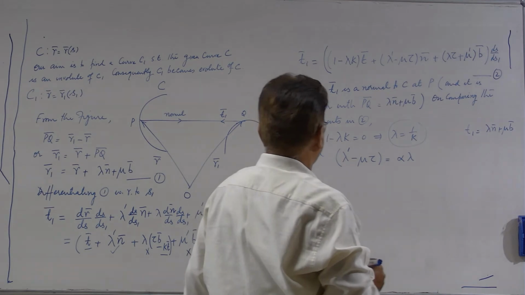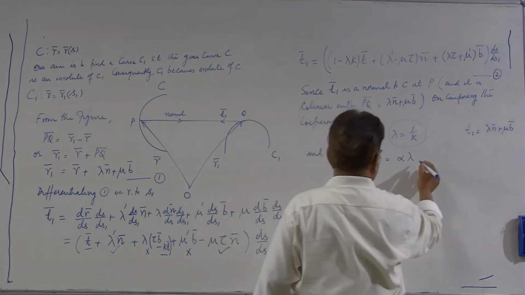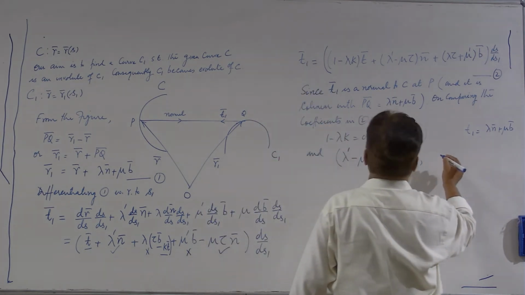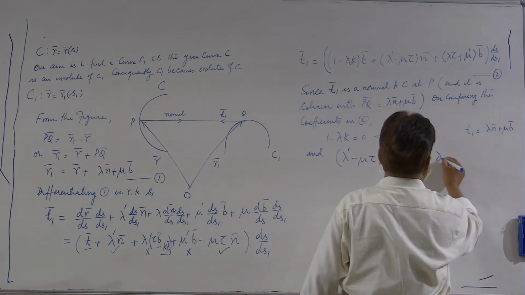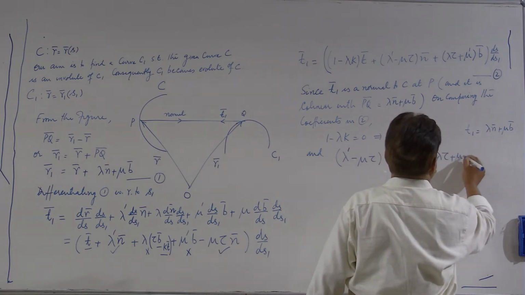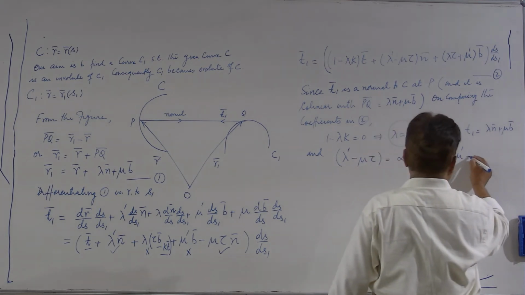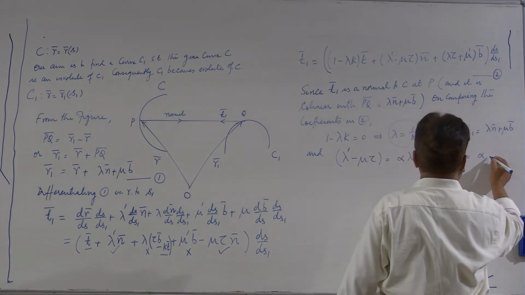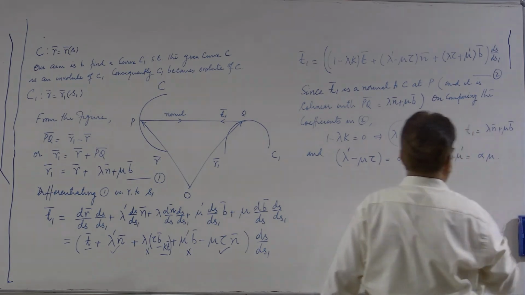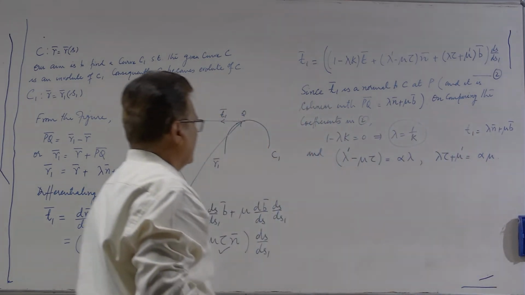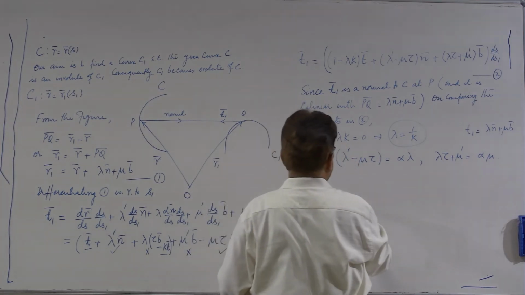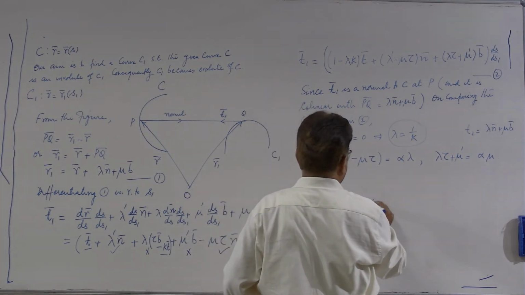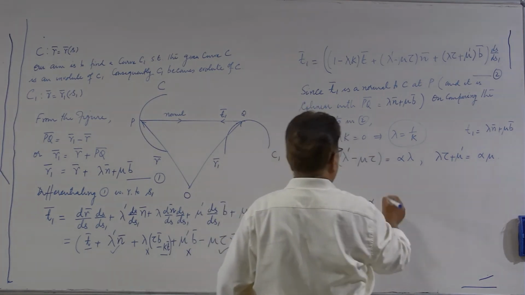Okay. And number 2, lambda tau plus mu dash must be equal to some alpha times mu. In fact, what I am saying is that this T1 is equal to alpha times the normal Pq.